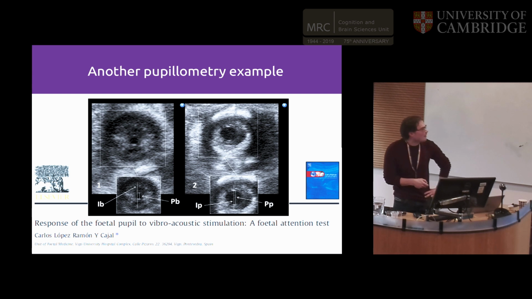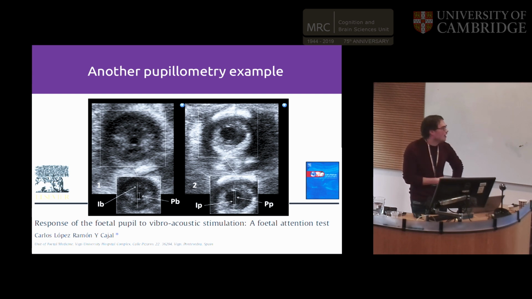So this is basically using echoes to get at the eye of a fetus, actually quite a large group of fetuses, and as you can see, there's a little pupil over there. So you can do eye tracking, or at least pupillometry, even before your participants are born, which I find is a really nice human example as well.